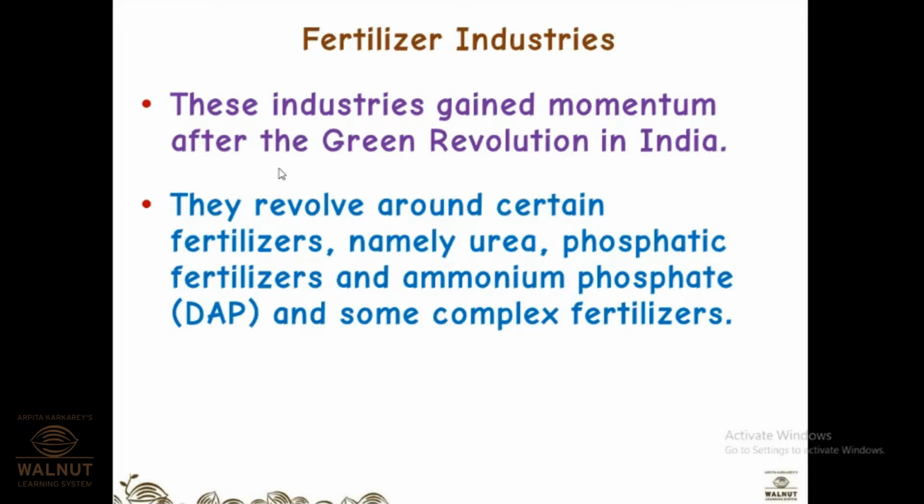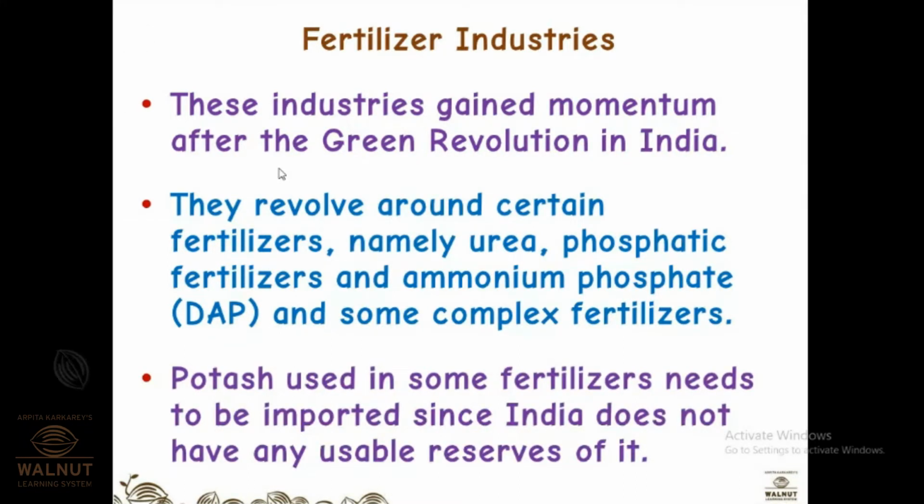An expert can suggest which nutrients or fertilizers you need to add. Based on that, this industry gained a lot of momentum after the Green Revolution started in India. The only problem is that potash is not available in India in a large amount. It is mostly imported from other countries.